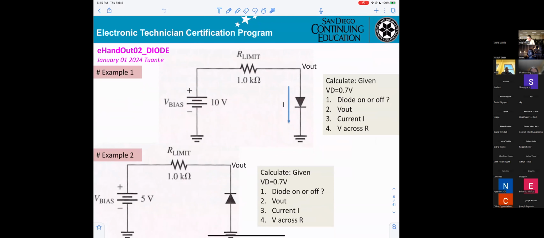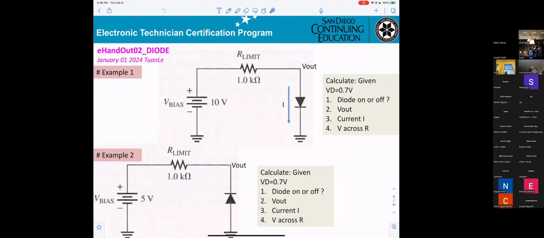And this diode here is silicon, 0.7 volt. Now, looking at this circuitry, how do we know whether the diode is on or off? That's the first step you have to know.